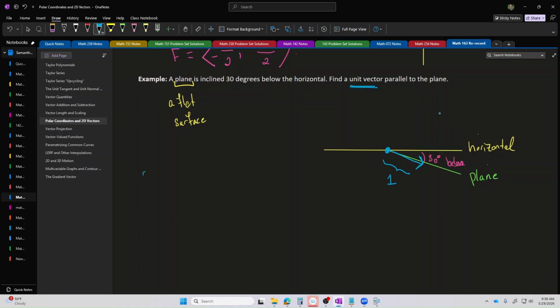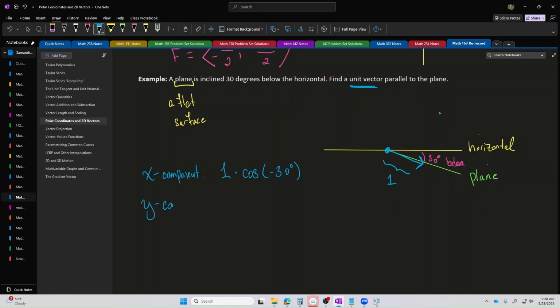So I could find the x component of this vector just by using the formula, the radial distance, here 1, times cosine of the angle negative 30 degrees. Negative because we're below the horizontal, because this angle is being measured out clockwise.